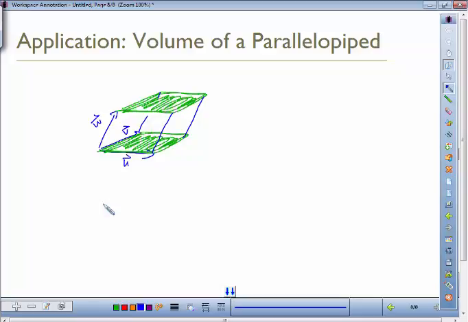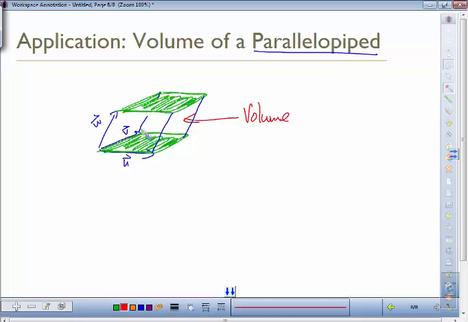You have a 3-dimensional parallelogram, so to speak. Parallelogram is really a 2-dimensional thing, but a 3-dimensional parallelogram is called a parallelepiped. So it turns out that the volume of this involves the cross product of some sort.